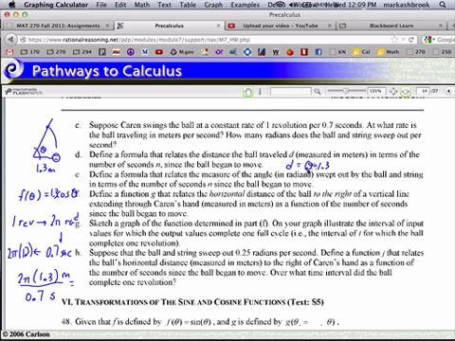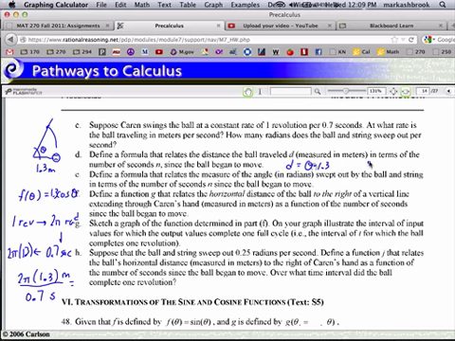So this would be in meters, but we want it in terms of n, the number of seconds.